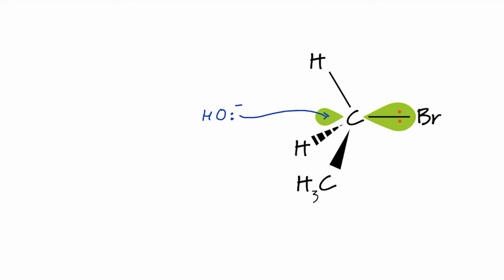And this empty molecular orbital just happens to be orientated along the carbon-halogen bond axis. So it would make no sense for our nucleophile to attack from a different angle, because there is no empty orbital there ready to accept this pair of electrons and form the new carbon-oxygen covalent bond.